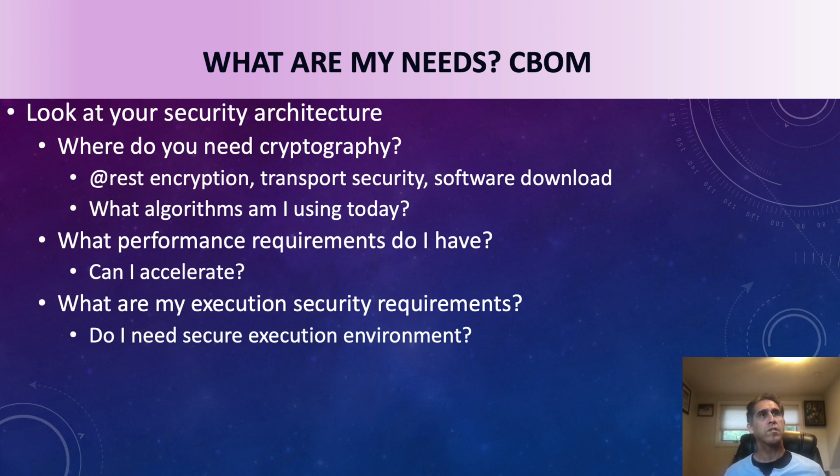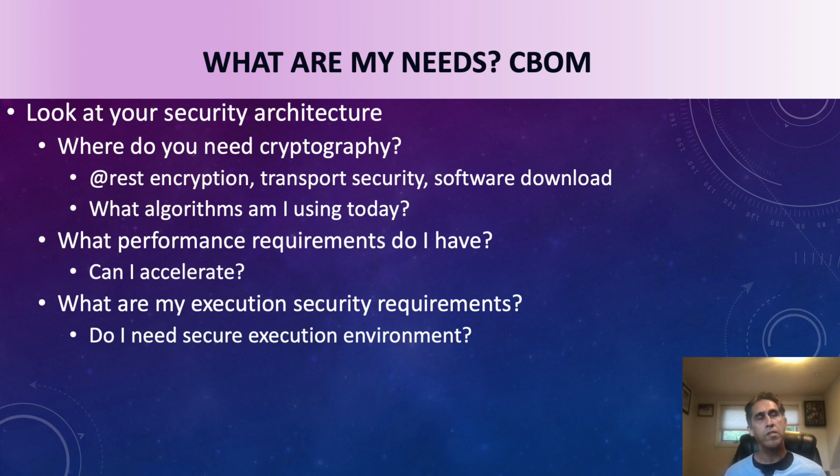So you look at your security architecture and you say, where do you need cryptography? Let's just say you need to encrypt your data in your database or your storage, basically at-rest encryption. Or you need transport security, you need to encrypt, you need to sign the data. Or you have software that you need to download, such as a software update.